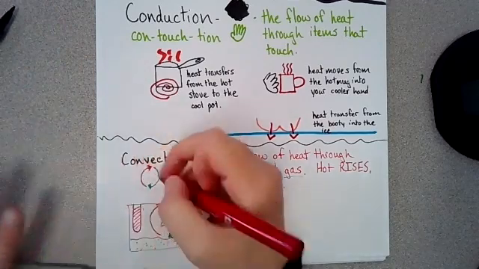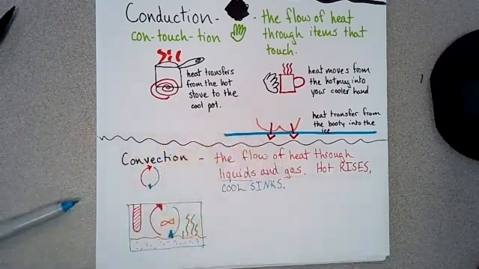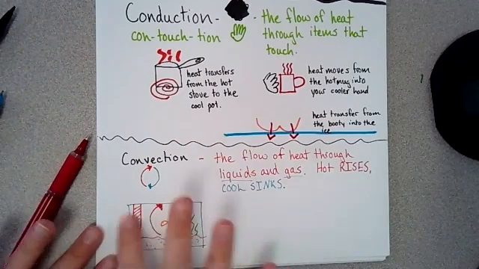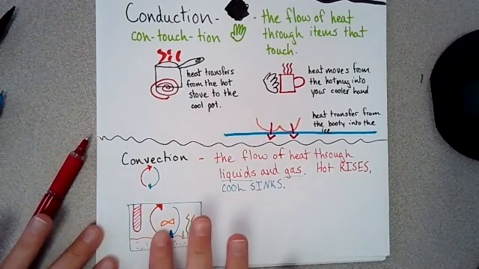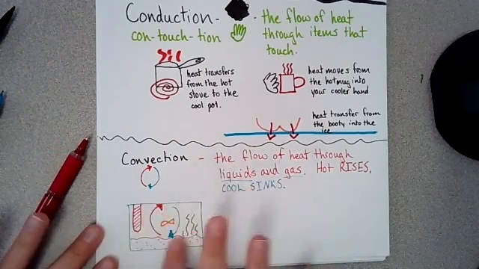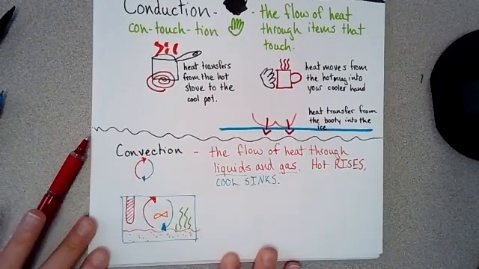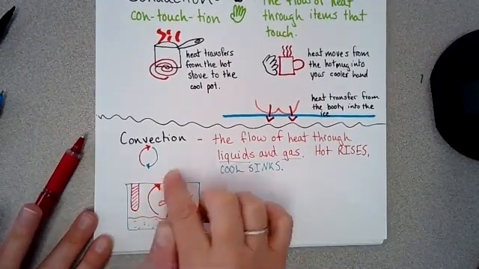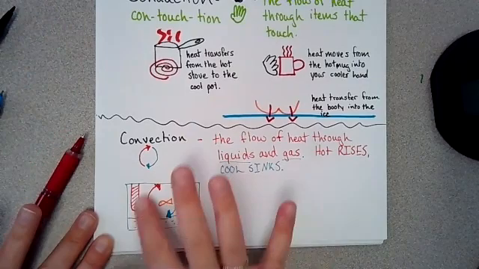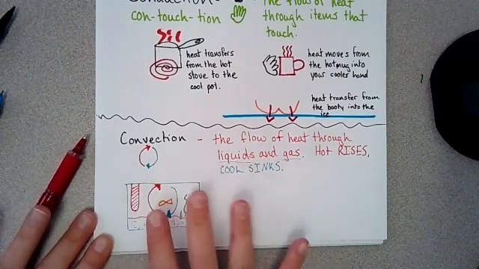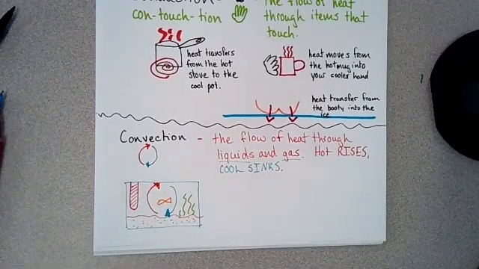Basically, those are called convection currents. It makes convection currents within the fish tank and mixes the water, and that's how it all becomes warmer. Because the hot rises, the cool sinks, and it circulates until the entire fish tank feels pretty good.